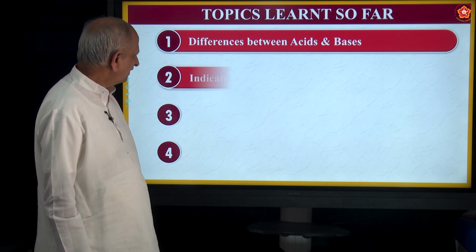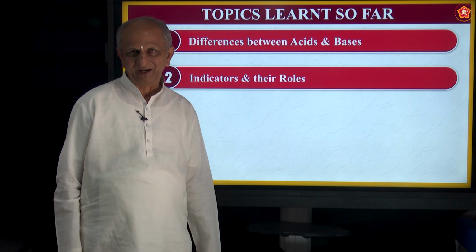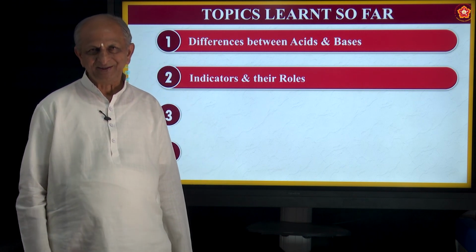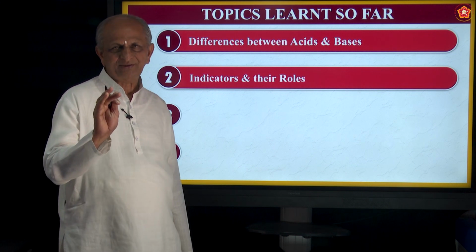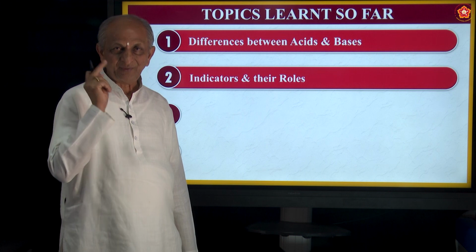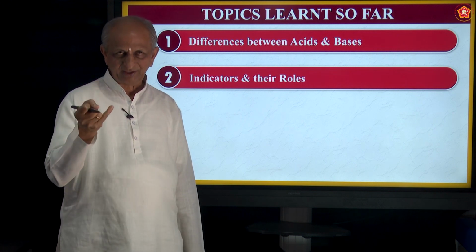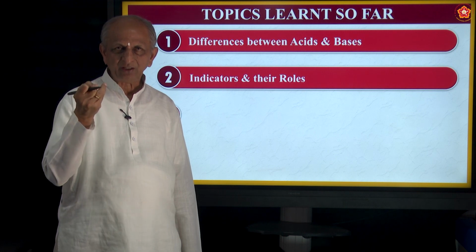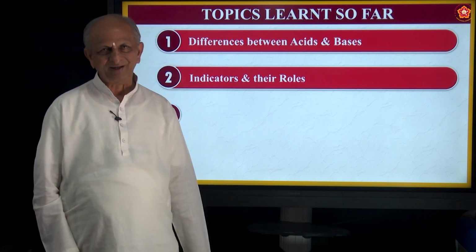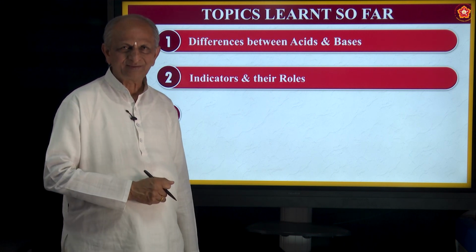Okay, and also we have seen about indicators and their roles. So, what are indicators? They are the substances which indicate whether the solution is acid or a base or a salt or neutral solution. Can you give example of indicators?